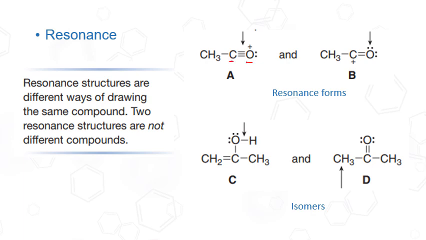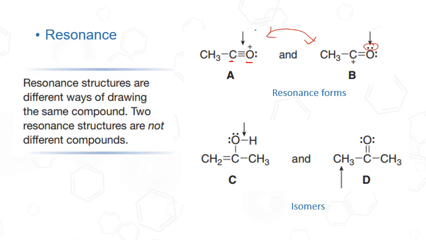That means a lone pair, in this case, is used as a bond. But if you look at structure B, that lone pair that is used as a bond is now a free, unattached, or non-bonded pair of electrons. These two are resonance forms. Their atoms are attached similarly, so they're not different compounds.